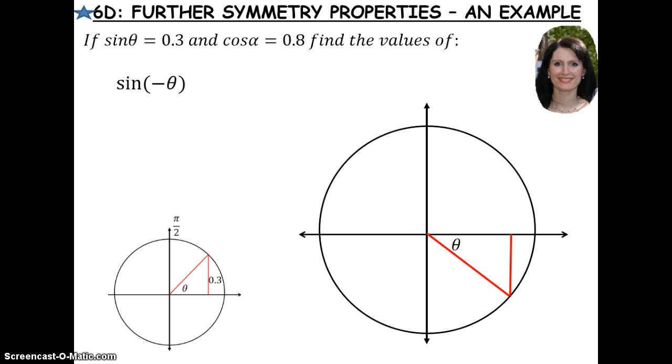So it's the same, it's just gone into the fourth quadrant. The sine value is going to be 0.3. There it is there. It's still a length of 0.3, but look where it is. It's in the fourth quadrant. So as you can see there, we're in the negative zone for the y-axis. So therefore, sine of negative theta is going to be negative 0.3.